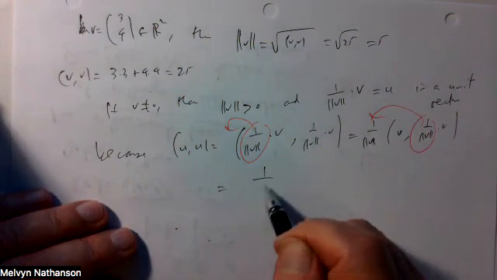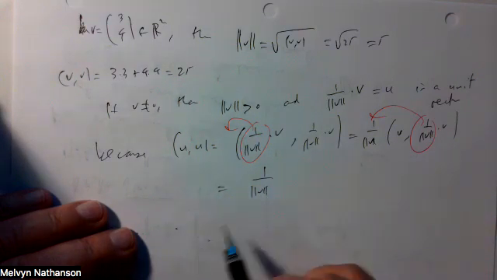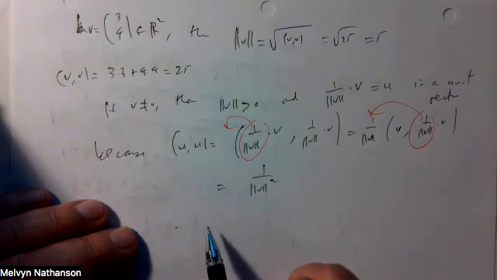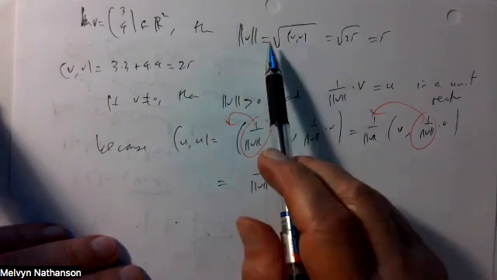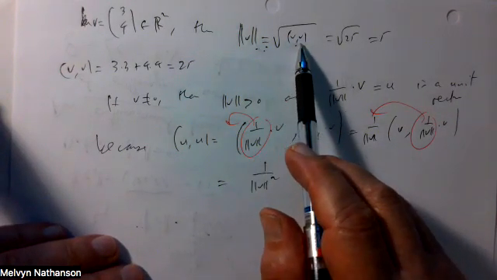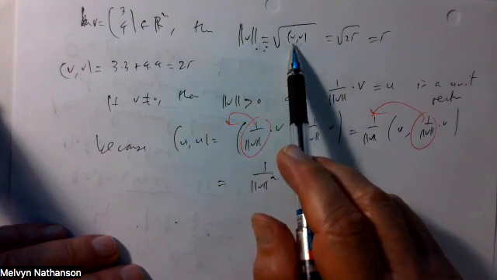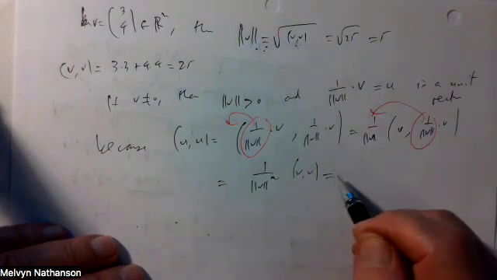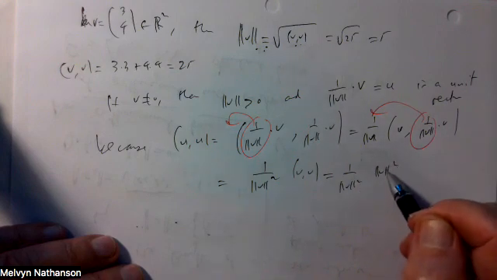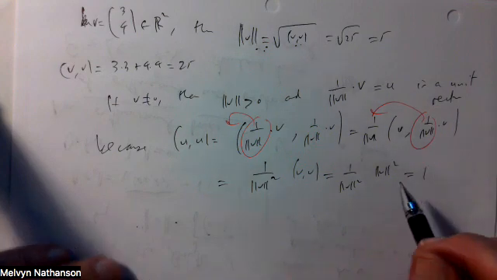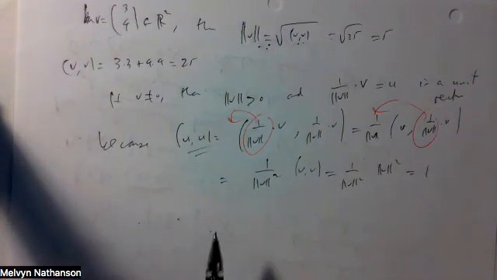So I get 1 over the length of V times 1 over the length of V, that's 1 over the length of V squared, times V comma V. But the square root of V comma V is the length of V, so V comma V is the length of V squared, and these cancel out, you get 1. So this is a unit vector.